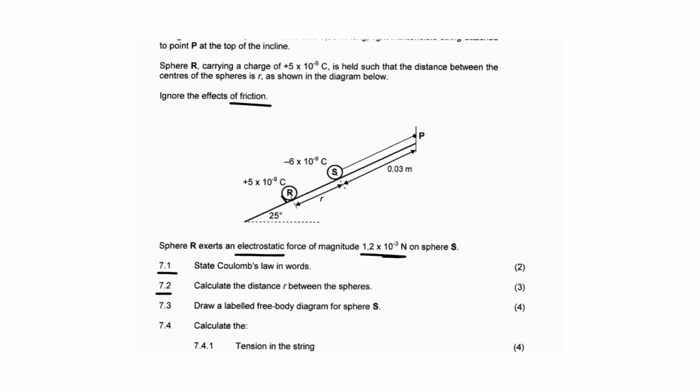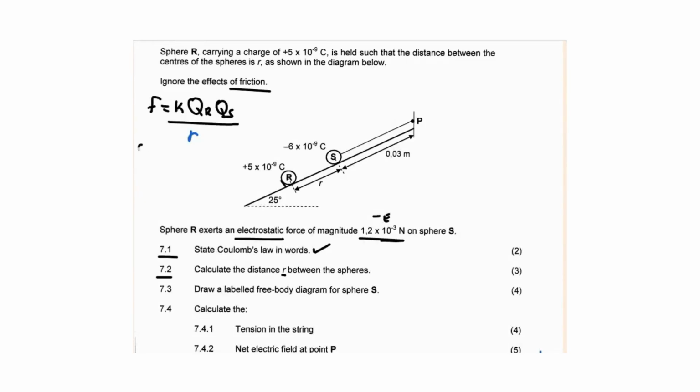7.2, calculate the distance r between the spheres. So we have electrostatic force, and we have the magnitude of the charges, and we have stated Coulomb's law, meaning we're going to use the formula for Coulomb's law, k Qr Qs over r squared. Okay, and now plugging in our values.